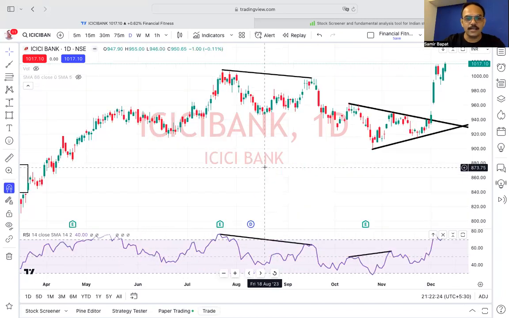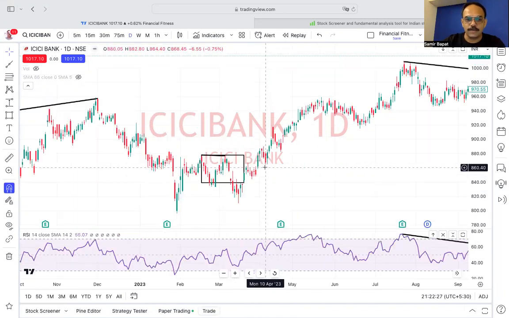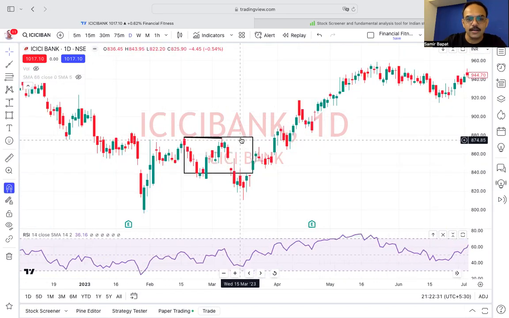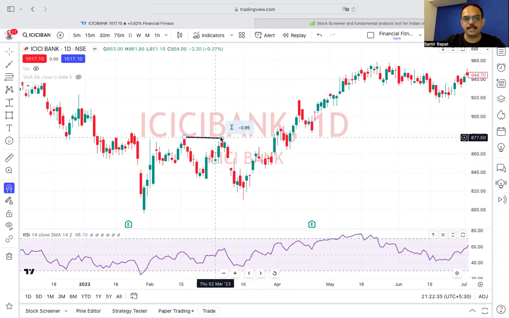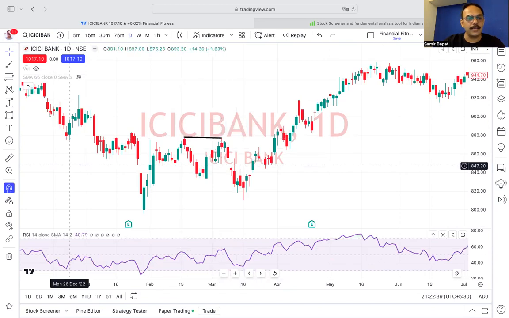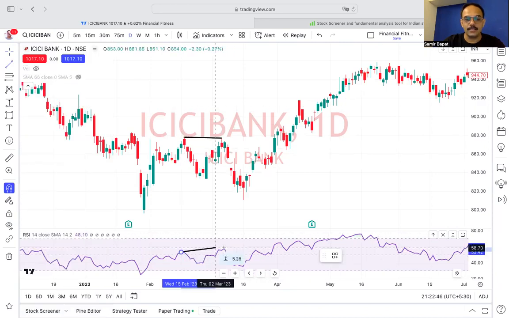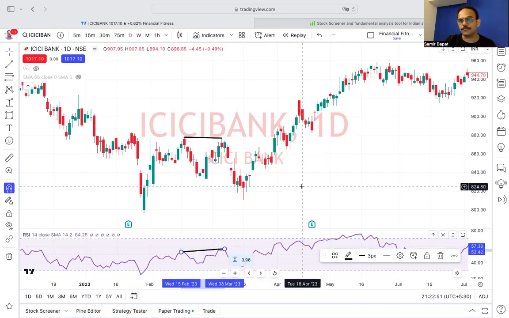If you see here, I have taken this example also. If we zoom in here, the price is almost the same. But if we see in RSI, this peak and the corresponding peak in RSI is showing upwards.